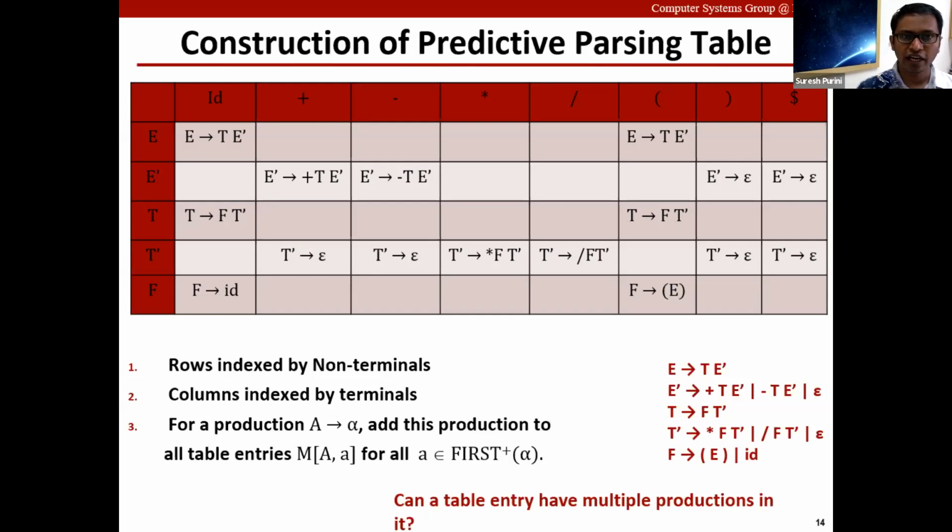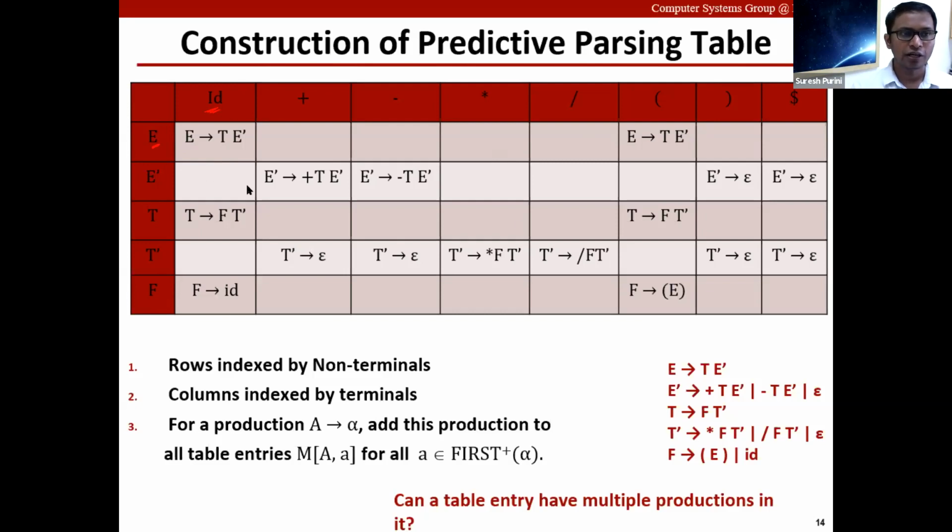Here we have this parsing table where the rows are labeled with non-terminal symbols and columns are labeled with terminal symbols. If the current non-terminal symbol to expand is E, and the current look ahead symbol is ID, we would like to apply the substitution rule E goes to TE prime.